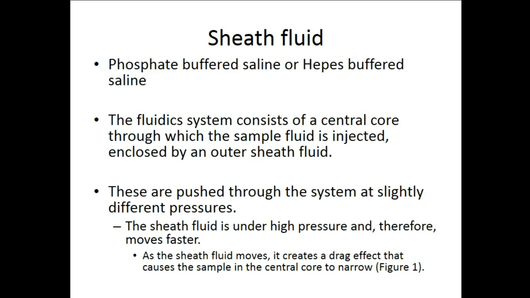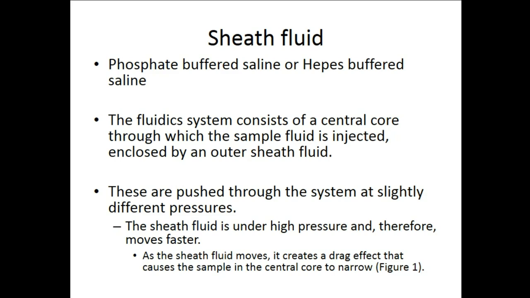The rationale for that is we want to add a fluid that is isotonic with the cells of the blood. Because what's going to happen if we add water to the blood cells? What happens when you add water to any cell? Osmotic lysis. So it's essential that the sheathed fluid is isotonic with the cells of the blood.